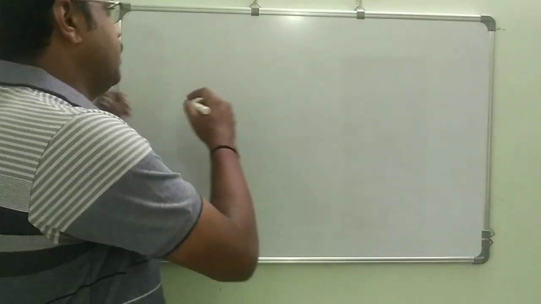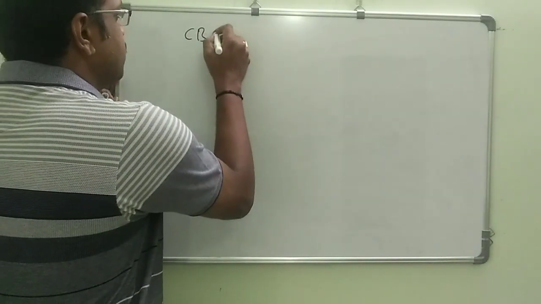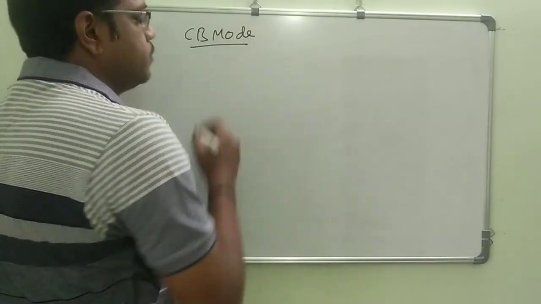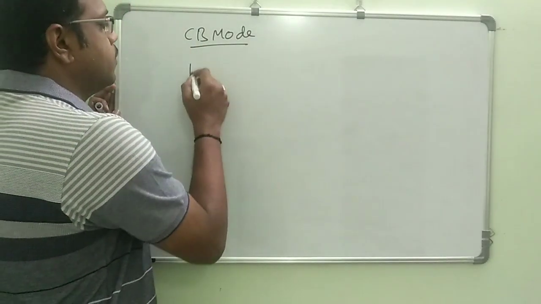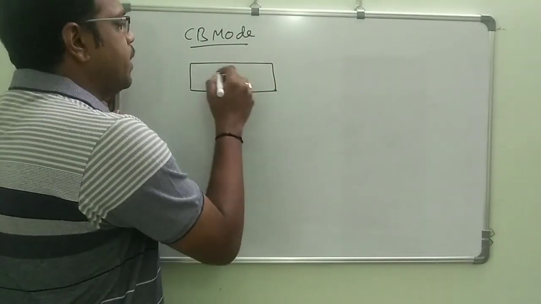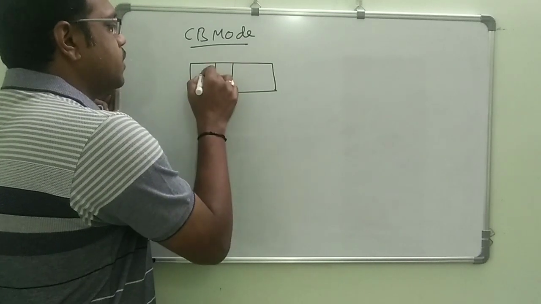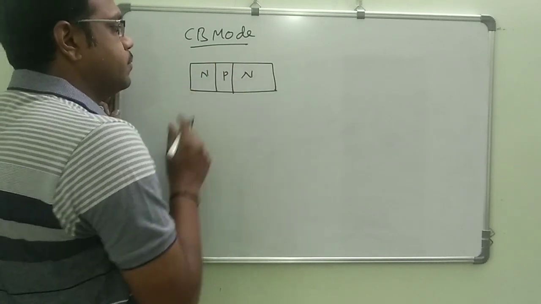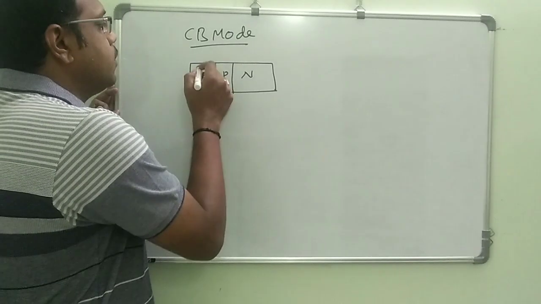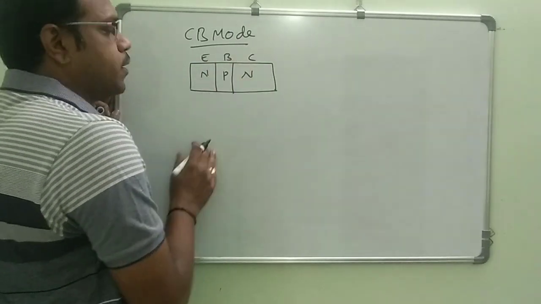So first one is CB mode. In CB mode I am always taking an NPN transistor. So this is an NPN transistor, and this is emitter, base, collector.